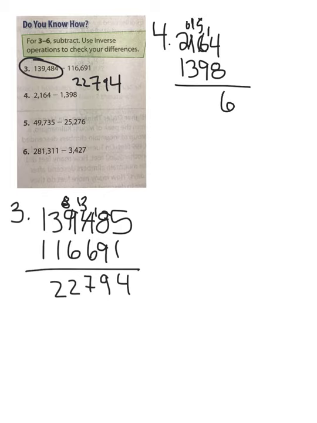Add the 1 to your tens place. 15 minus 9 is 6. You cannot take 3 from 0, so go over to your thousands place, cross off the 2, make it a 1, add it to your hundreds place. 10 minus 3 is 7. So your answer for number 4 is 766.